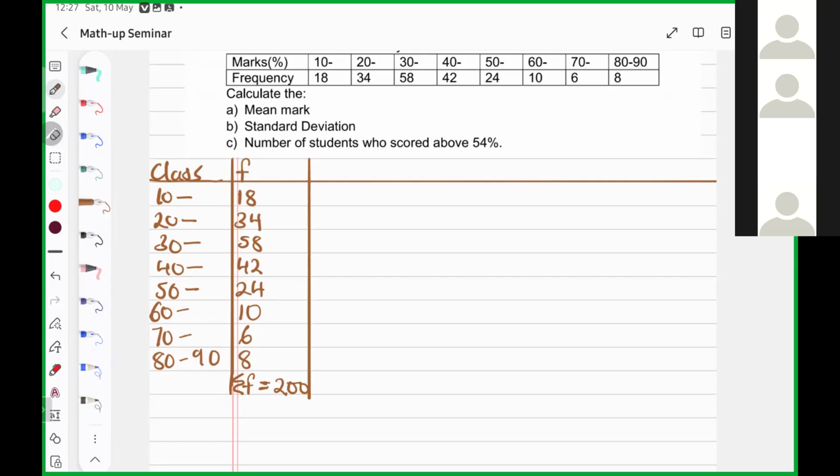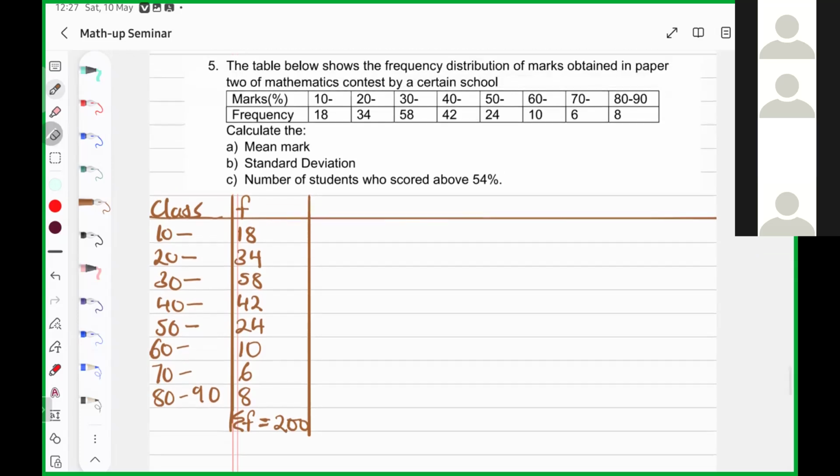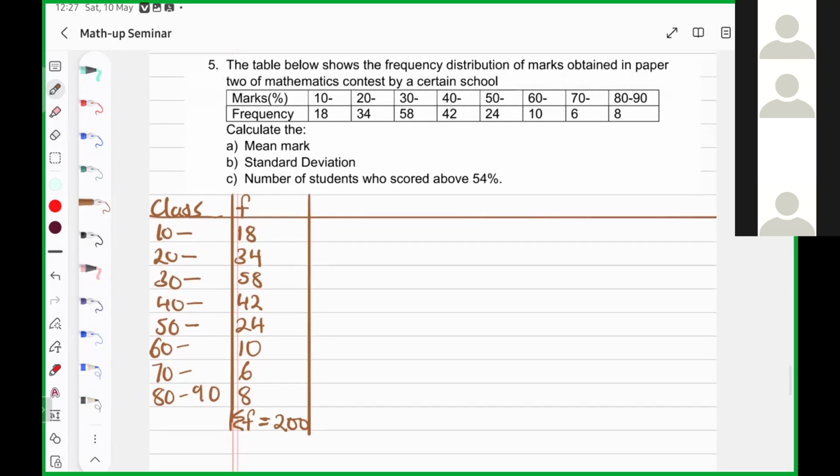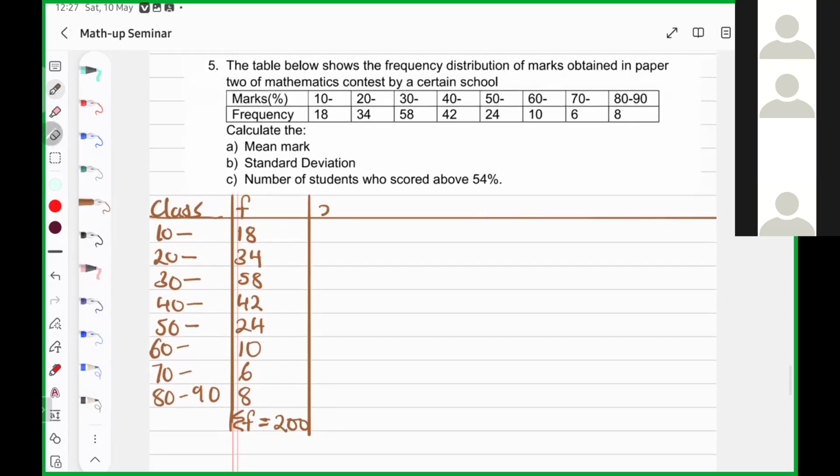Then we shall also need x. We shall need f of x, and f of x squared.